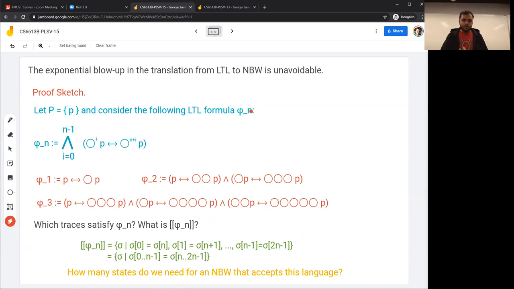And actually, I have to have infinitely many of these, so I do exactly that. Let's say that the set of atomic propositions is just a singleton, just one atomic proposition P. Now I consider this formula, which I call phi n. For every n, I get, of course, a different formula.